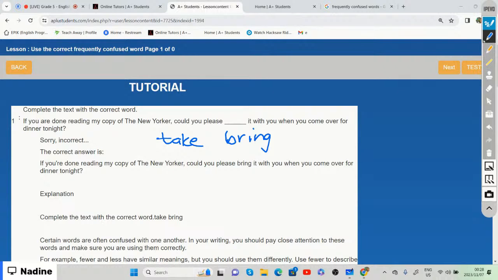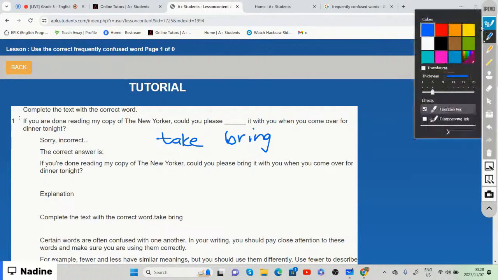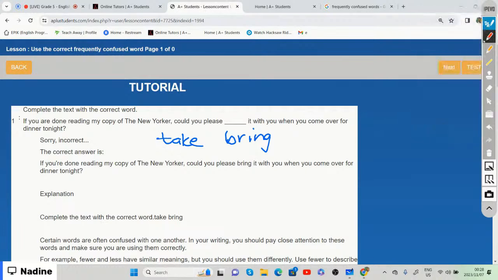All right, so if we use the correct word, we're going to say: if you are done reading my copy of the New Yorker, could you please bring it with you when you come over for dinner tonight. So bring it, because you are coming to me.